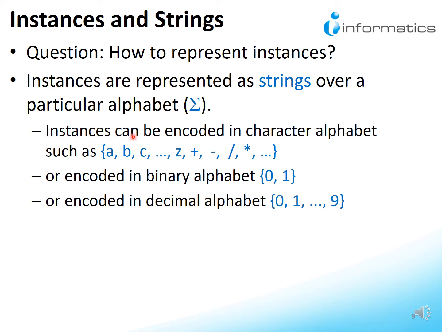An instance can be encoded in a character alphabet such as the ASCII code alphabet, or in the binary alphabet 0 and 1, or in the decimal alphabet 0 to 9.